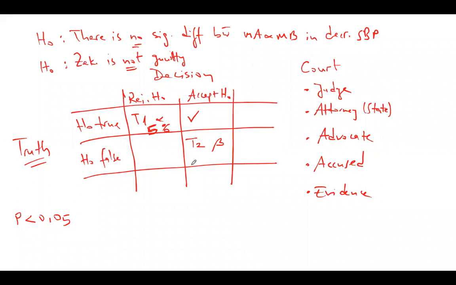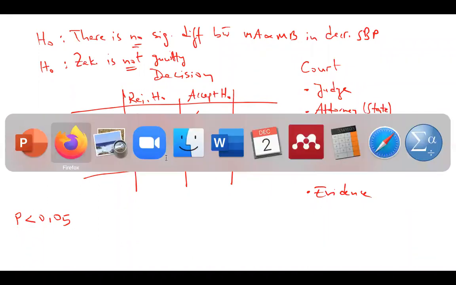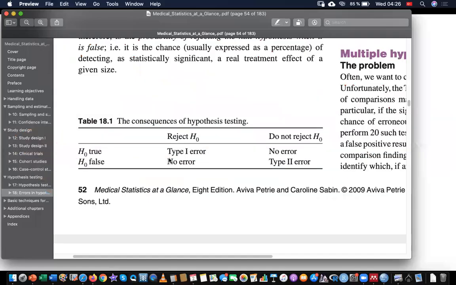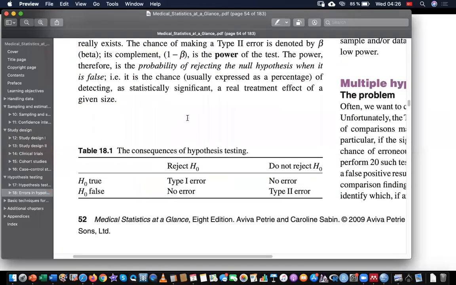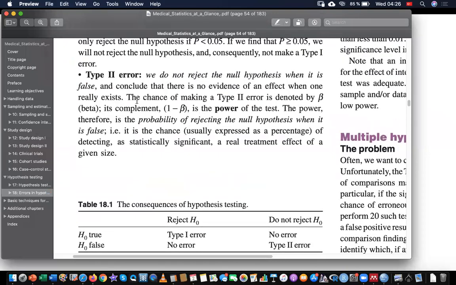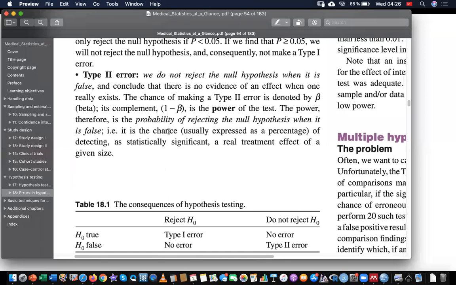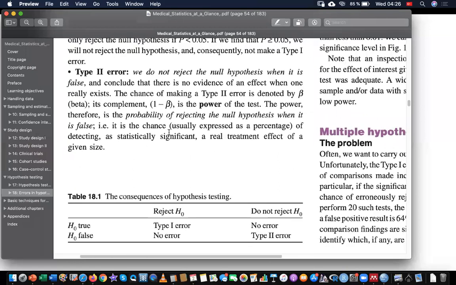And here is a trick which I didn't mention to you so far. This is some new information to you probably. The tolerance for type 2 error is 20%.